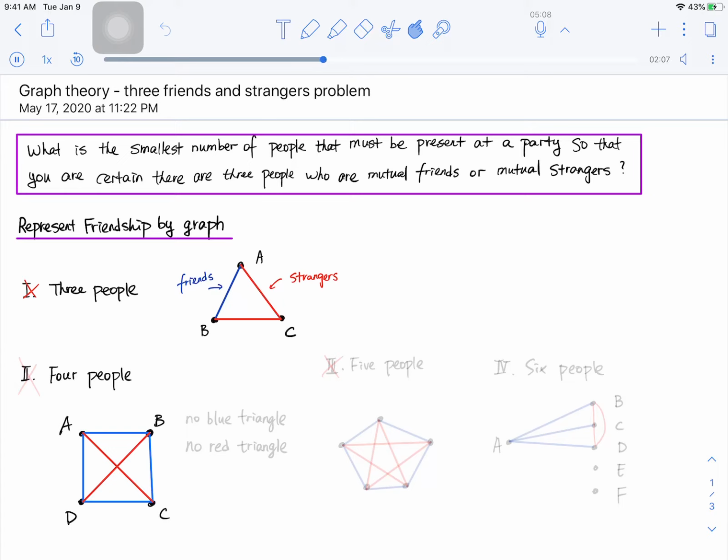Easily you can see from the graph that there's no blue triangle, and there's also no red triangle. What that tells you is that there's no three mutual friends and there's also no three mutual strangers. And now we know four people is also not enough to guarantee the existence of three mutual friends or three mutual strangers. Now let's move on to five people.